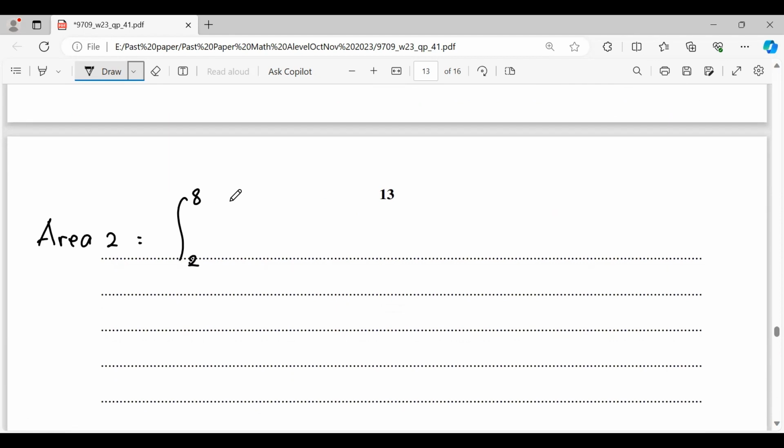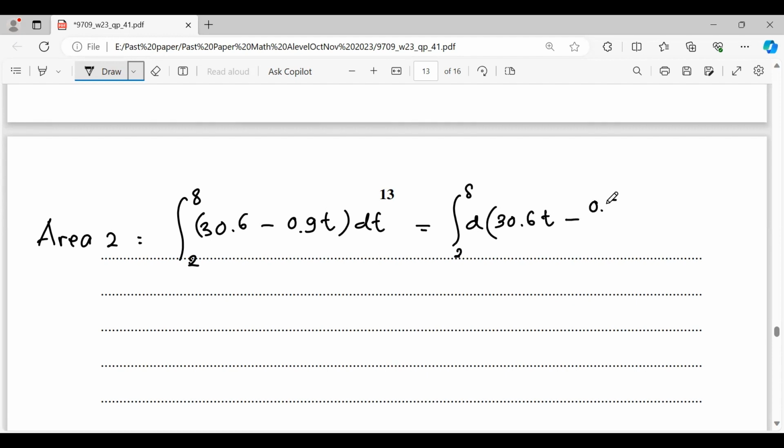The second area, the function is 30.6 minus 0.9t dt. And this integration is 30.6t minus 0.9 over 2 t squared.